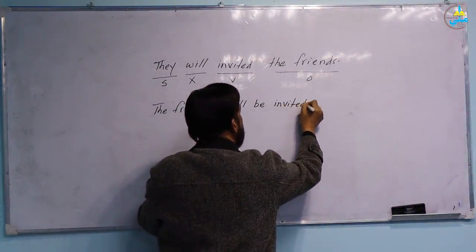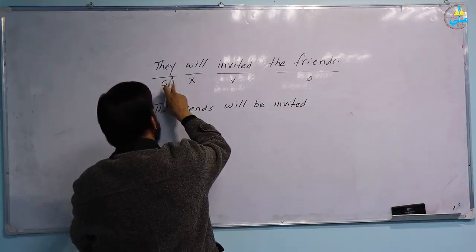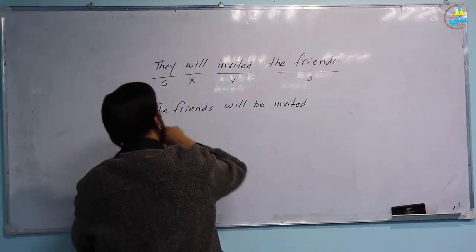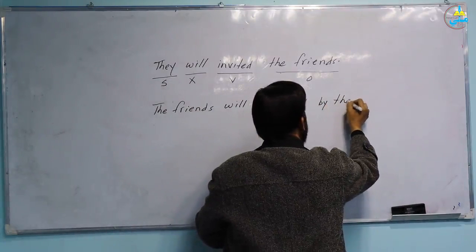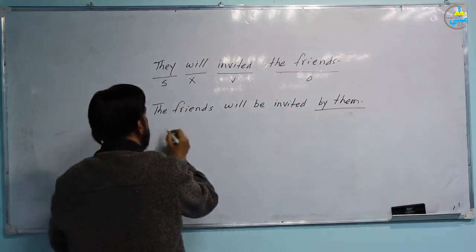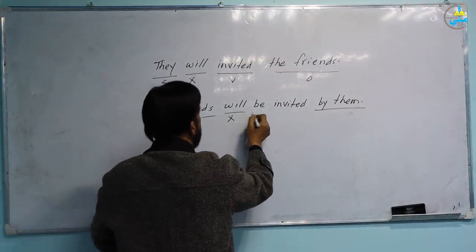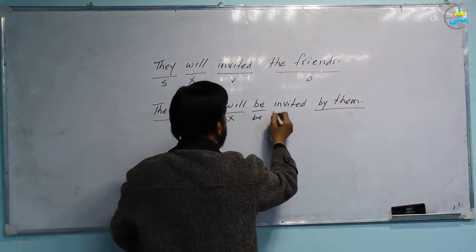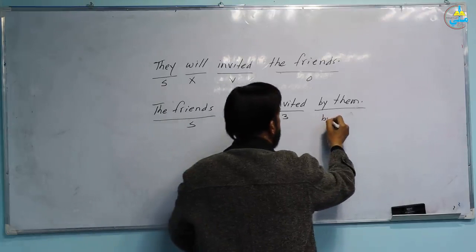Invited by them. They becomes them. This is the by phrase. So here, the friends, will is the helping verb, this is be, invited is the verb in past participle, and this is the by phrase.